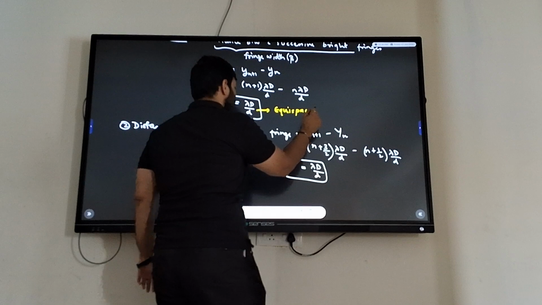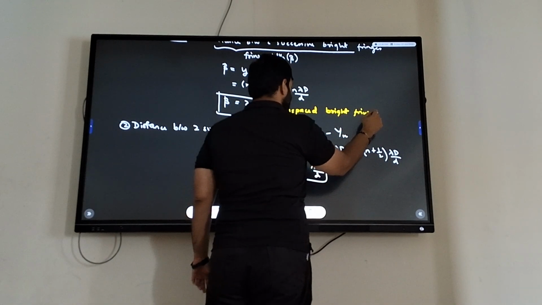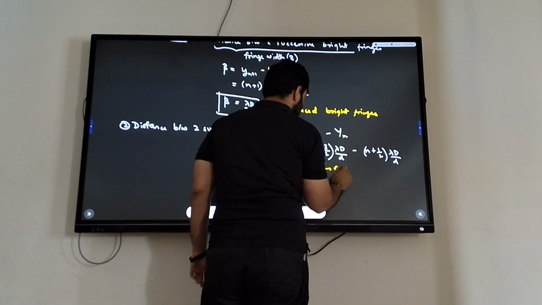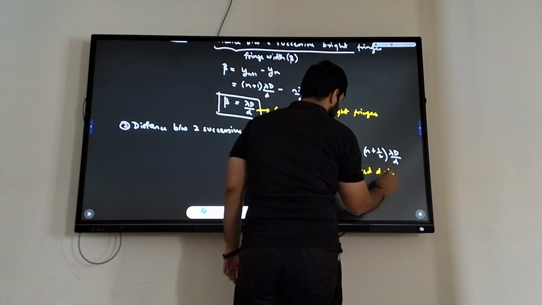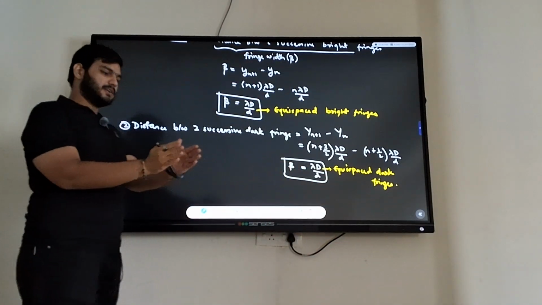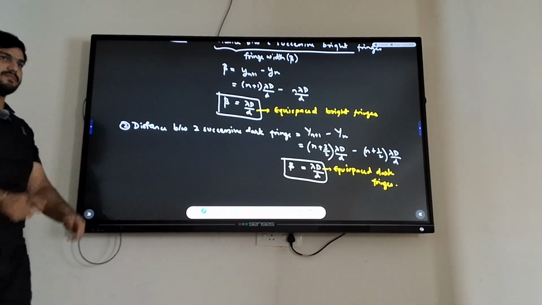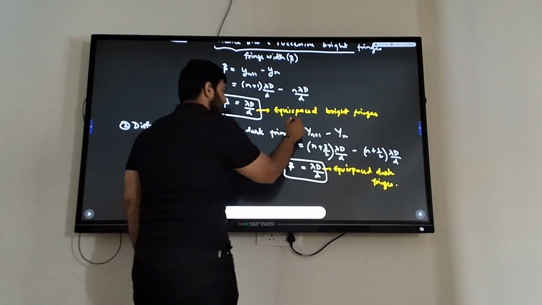Equispaced bright fringes, equispaced dark fringes. The distance between any two bright fringes is the same. Equal spacing.